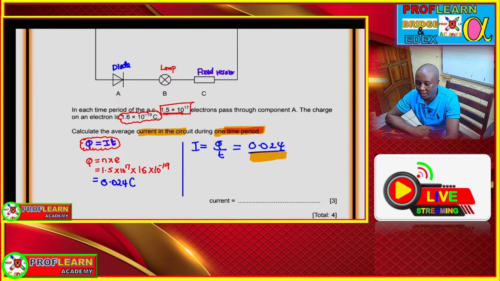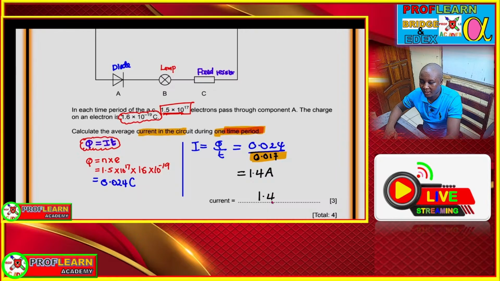So if you work it out, remember time here will be the time for 1 period, which we had gotten as 1.7 times 10 raised to the power -2. So you have to check what we are given here so that we can substitute in. So if we work it out, we are going to get our answer as 1.4 as the average current in this particular part.